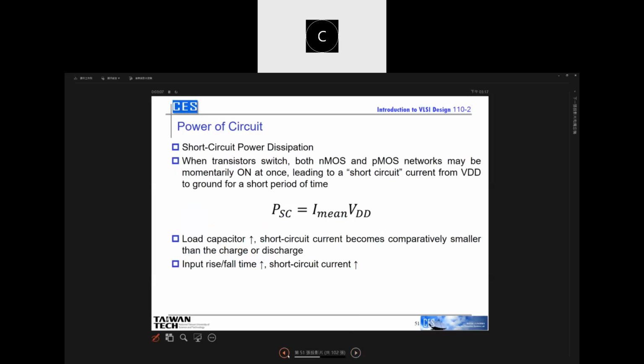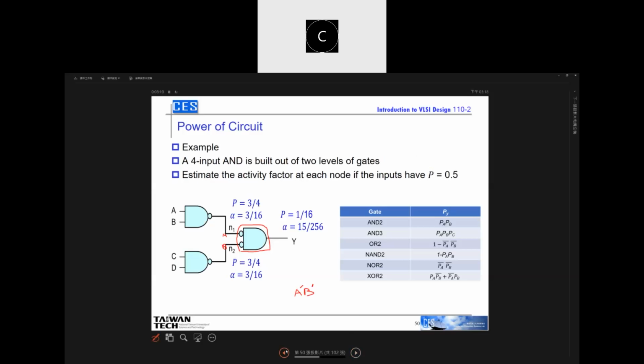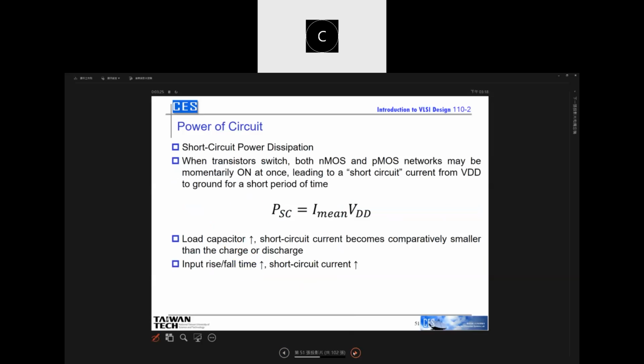Then, in the previous part, we talked about the dynamic power consumption, and the main factor here is the activity factor alpha. So we showed you how to calculate this, or rather estimate it, not really calculate the exact result. And then we have the short circuit power consumption. When the transistor is switching, both NMOS and PMOS may be momentarily on at the same time, leading to a so-called short circuit, because they are both on, right?